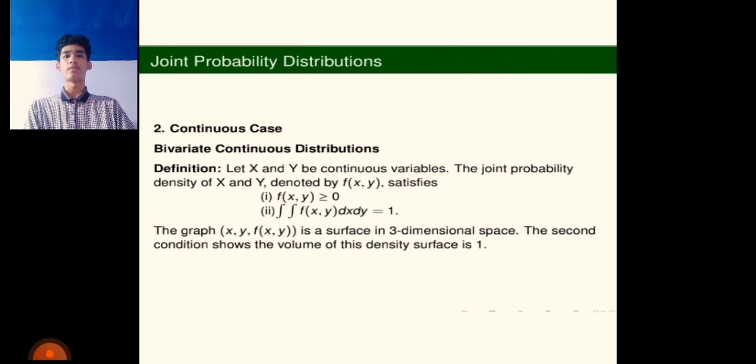So the graph of z equals f of x and y is a surface in three-dimensional space. The second condition shows the volume of the density surface is 1.